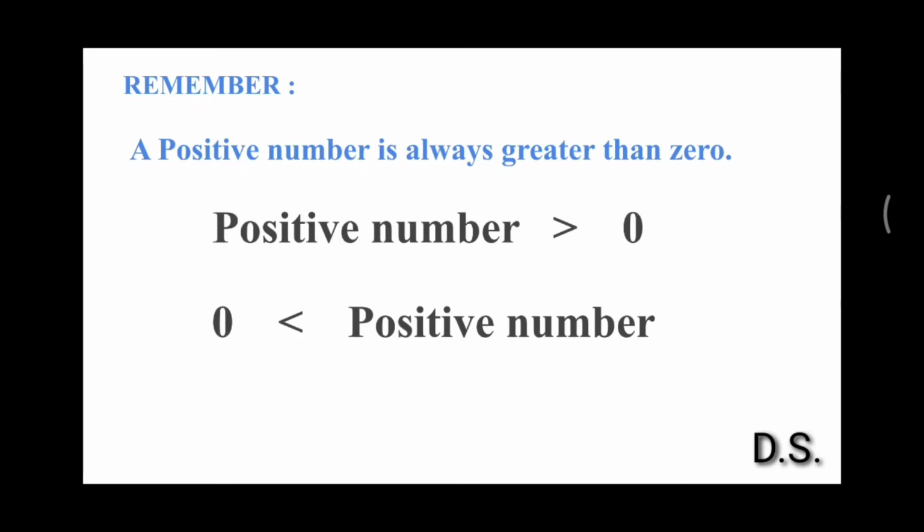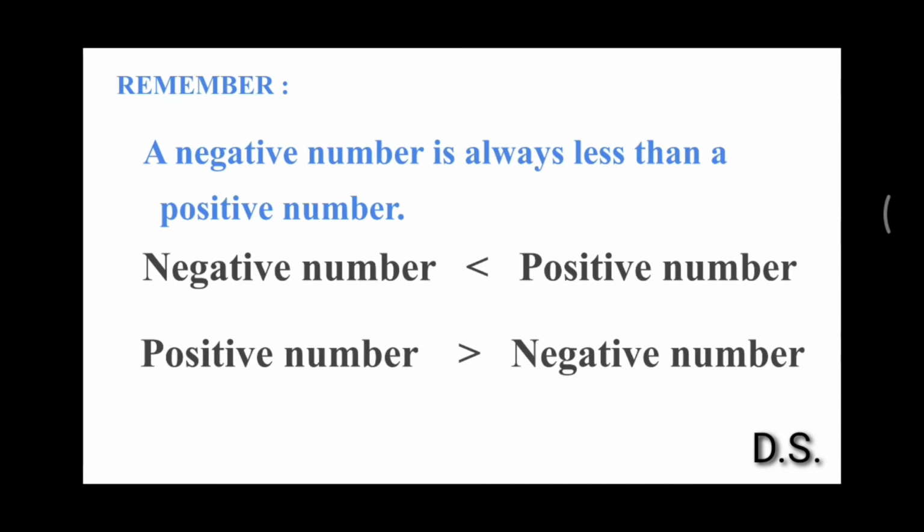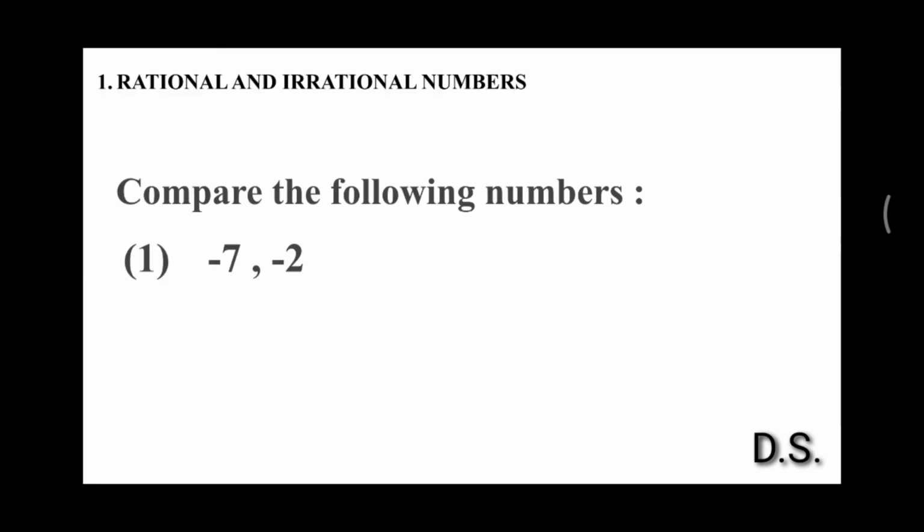A positive number is always greater than 0. In other words, 0 is smaller than a positive number. A negative number is always less than a positive number, or you can say a positive number is greater than a negative number.